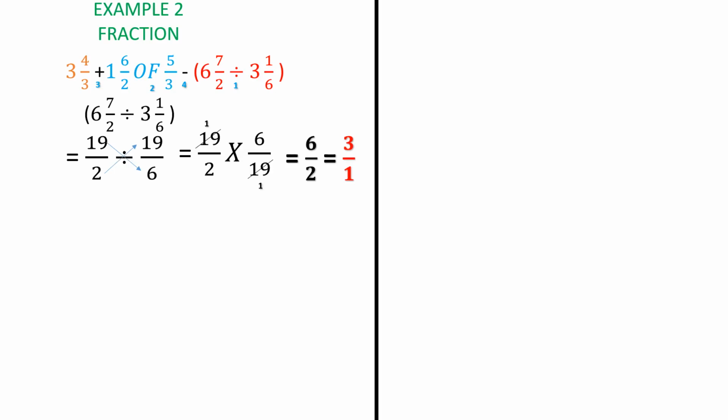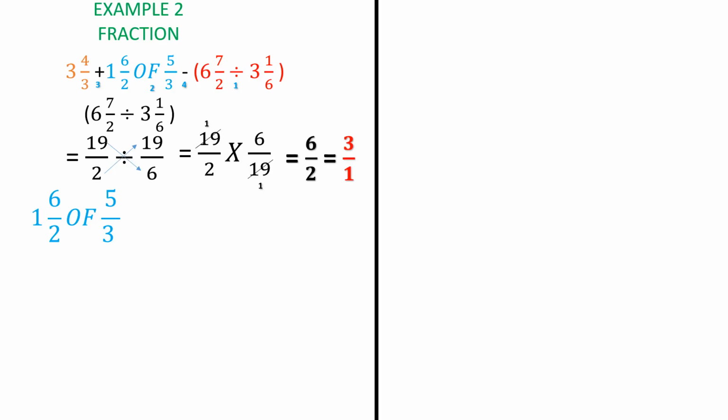Now we have it down. That is, one whole number 6 over 2 of 5 over 3. So then we still apply the rule of fraction, which says when multiplying a mixed fraction, we have to change it to an improper fraction.